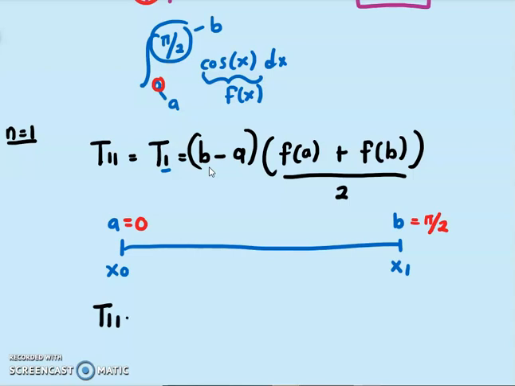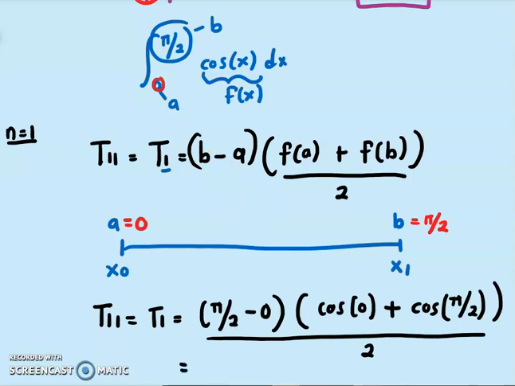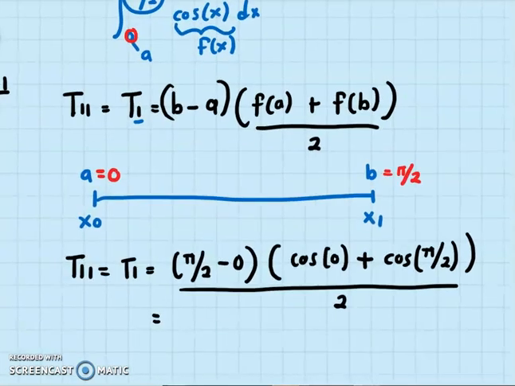So T11, which is my T1, equals pi over 2 minus 0, times cos 0 plus cos pi over 2, divided by 2. Cos 0 is 1 and cos pi over 2 is 0.